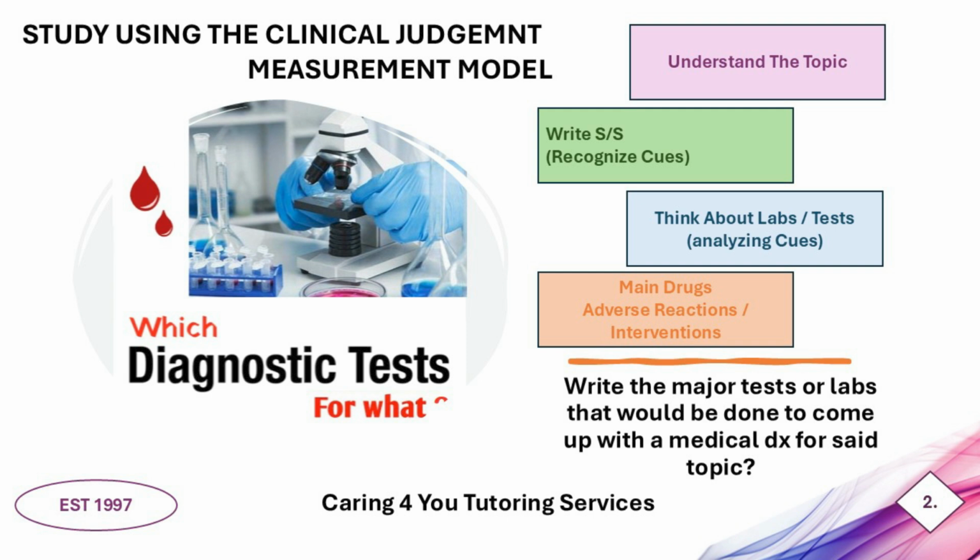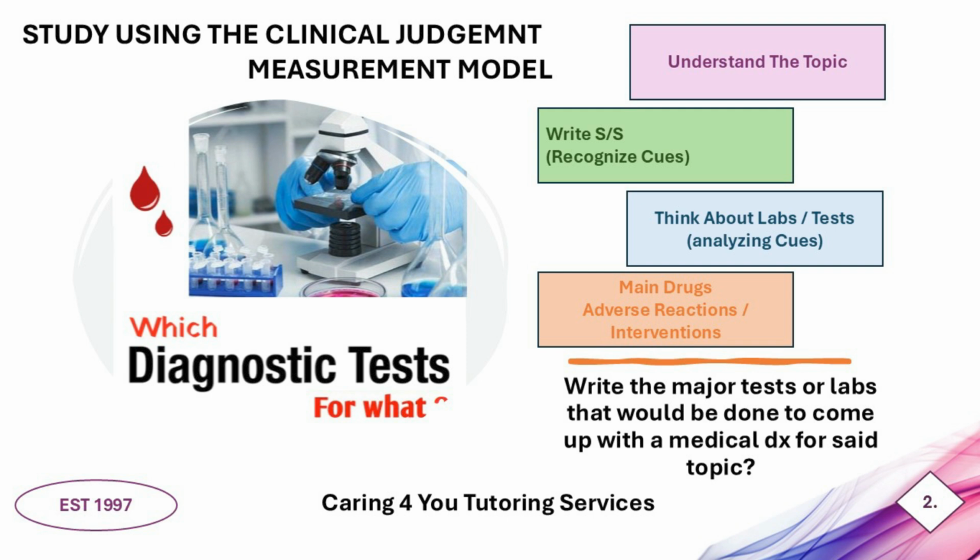Okay, after we have written down the highlighted signs and symptoms, right, the major signs and symptoms of that disease process, I also want you to think about some lab tests that that client might be taking to rule out pneumonia or to rule out congestive heart failure or atrial fibrillation or whatever the problem is, right?